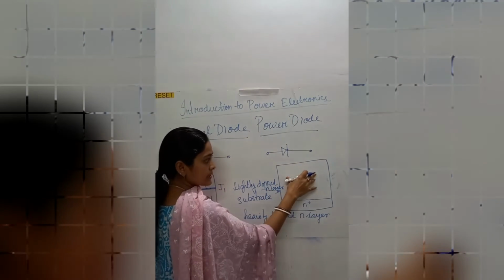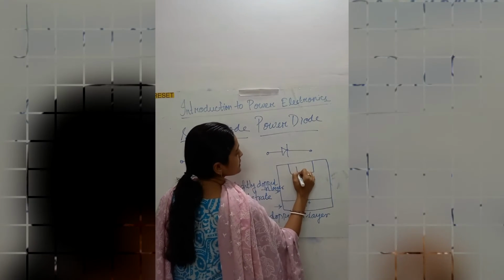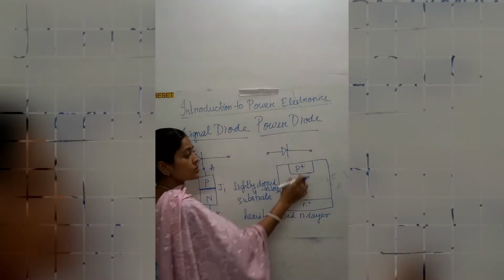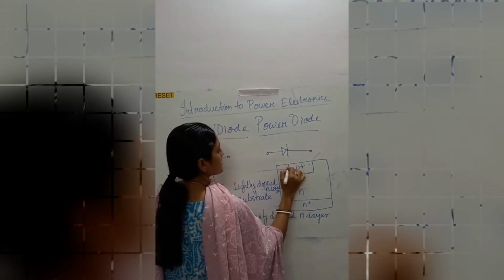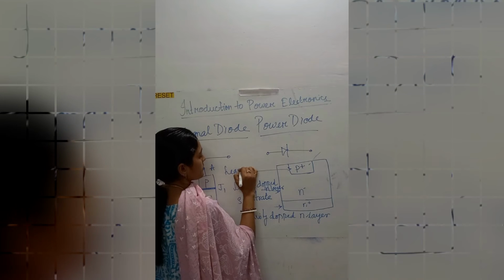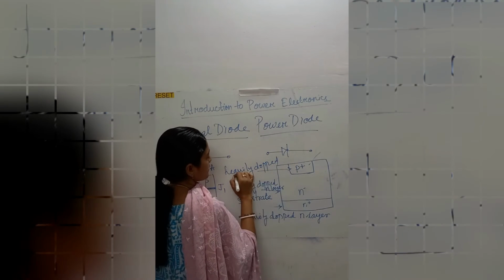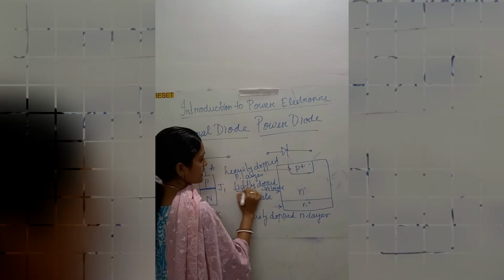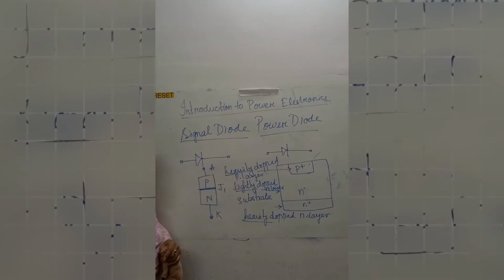Upon this N layer, what happens? We insert a P plus layer, that is heavily doped P layer. This is lightly doped, heavily doped, and again this one is heavily doped. Fine.